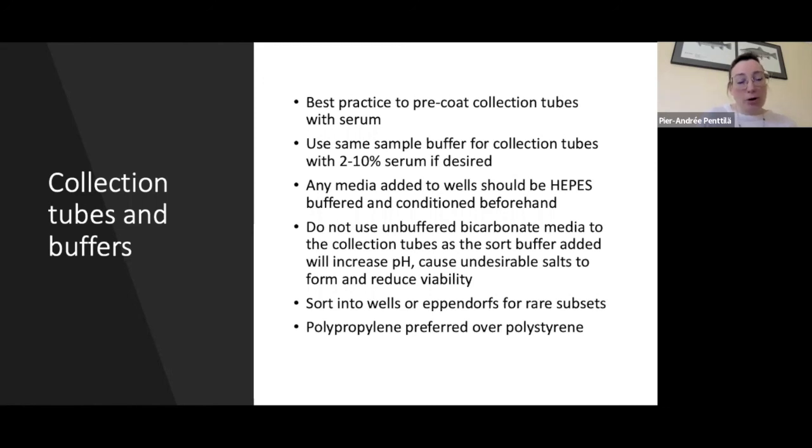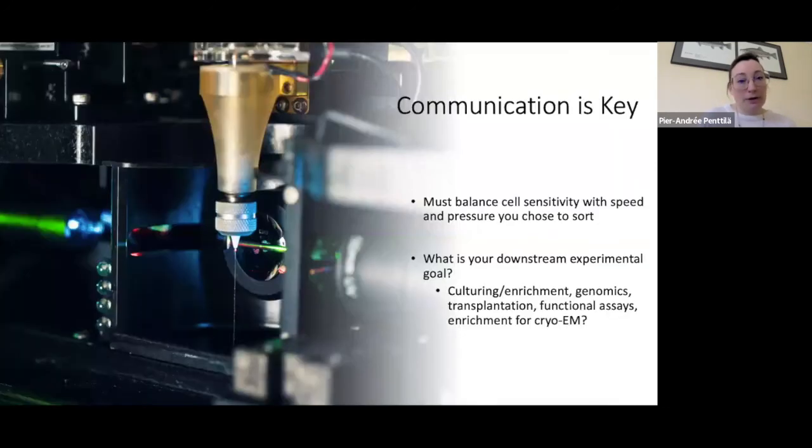So just to summarize a little bit about cell sorting, I think the primary importance here is communication with the people that are sorting your samples. It's really important for us to understand what your downstream experimental goal is. Is it culturing or enrichment? Is it a genomic experiment?